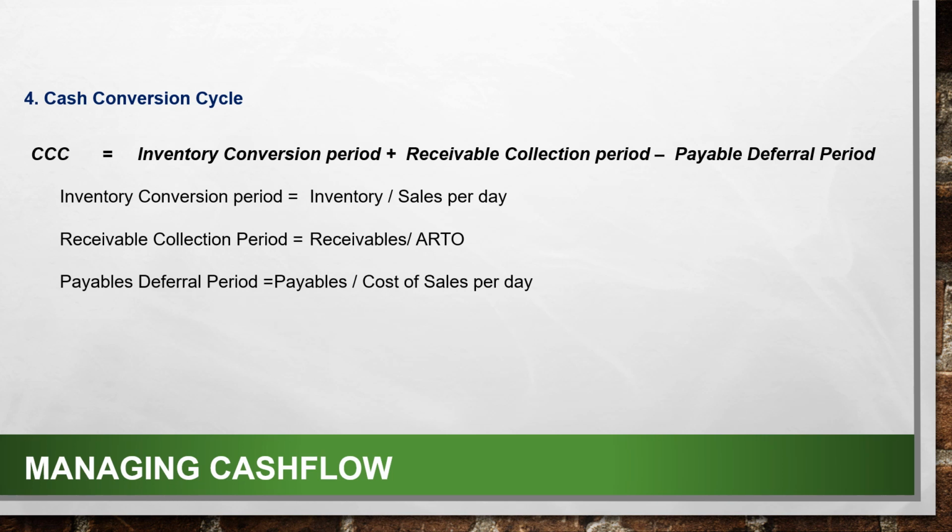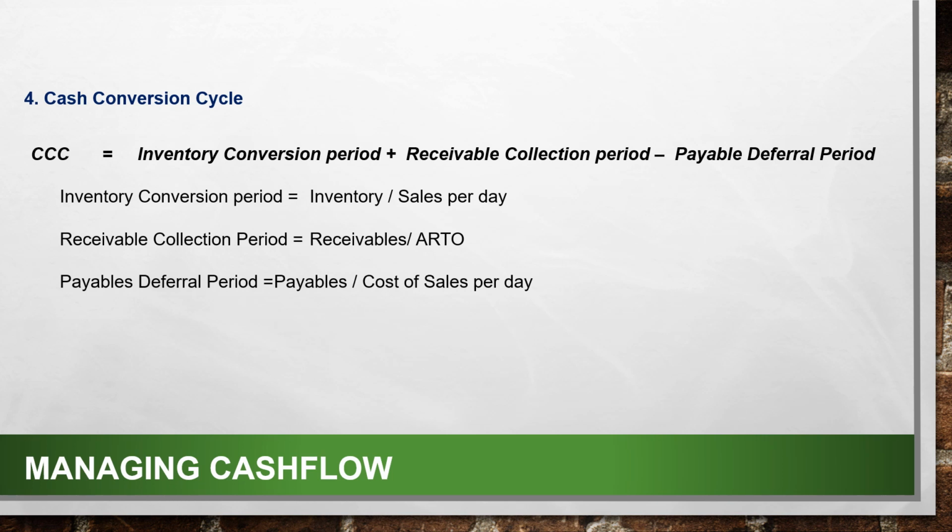If the cash conversion cycle is negative, then that is good. It becomes a problem if the cash conversion cycle is positive and longer. So our bottom line is to shorten the cash conversion cycle as much as we can. So we have the inventory conversion period, which is inventory divided by sales per day.